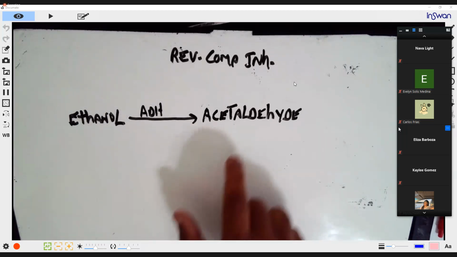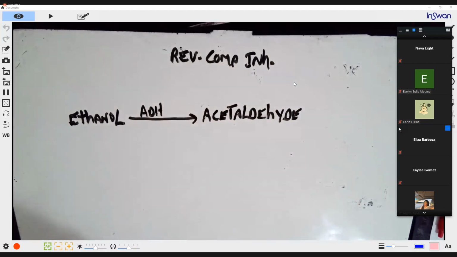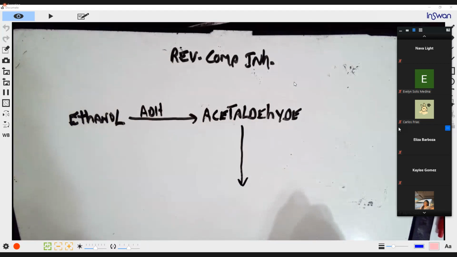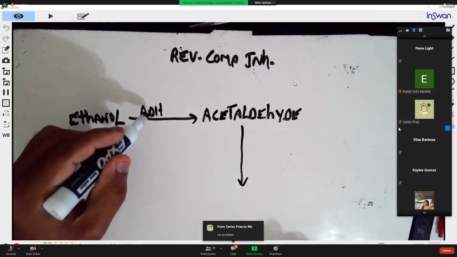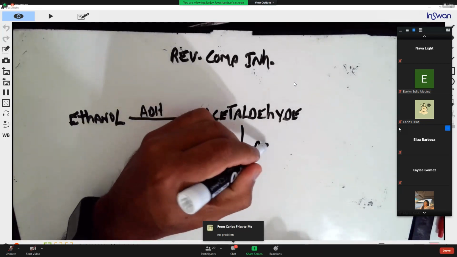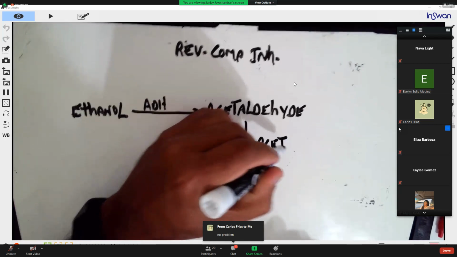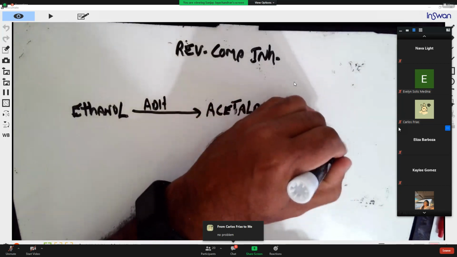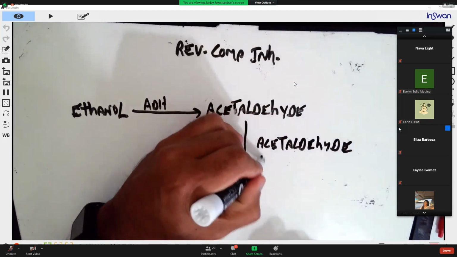So what your body does is quickly get rid of this. It is quickly converted by a second enzyme. This is the first enzyme, and the second is called acetaldehyde dehydrogenase.